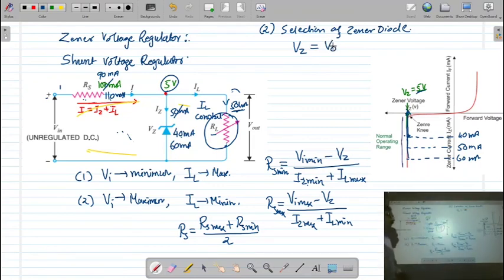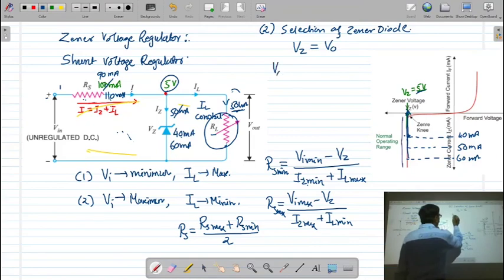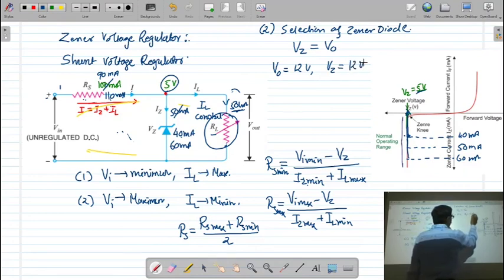That Zener value you have to select. Now sometimes if that value of the Zener is not available, suppose your requirement of this voltage Vo is 12 volt and the required Zener voltage will also be 12 volt.